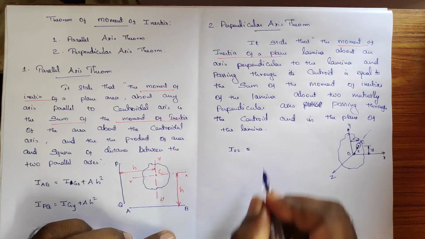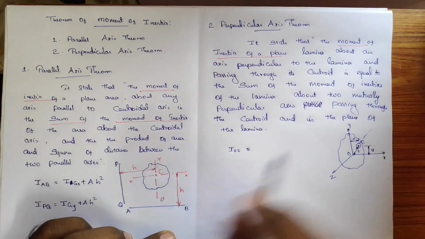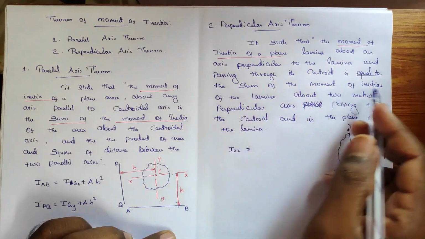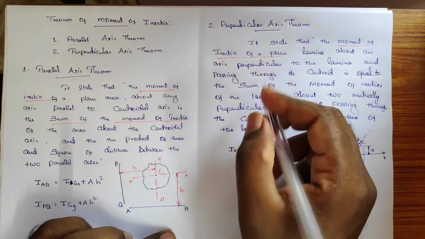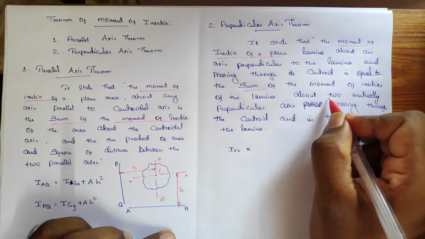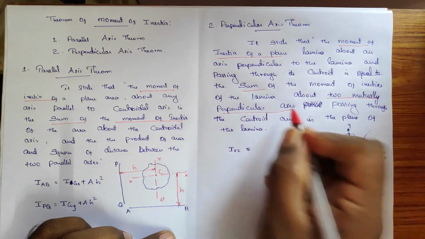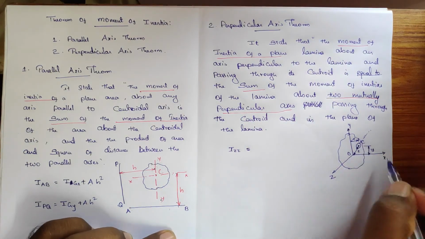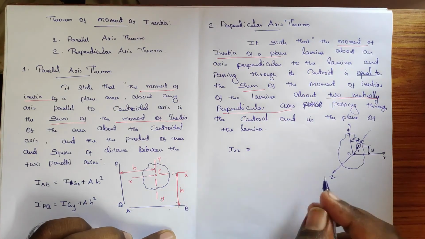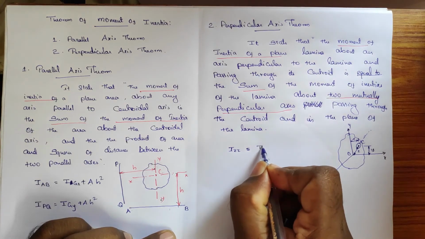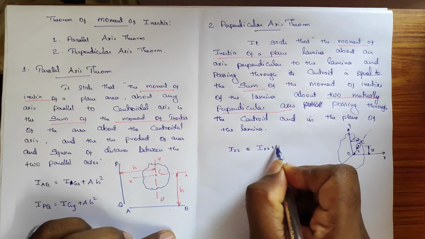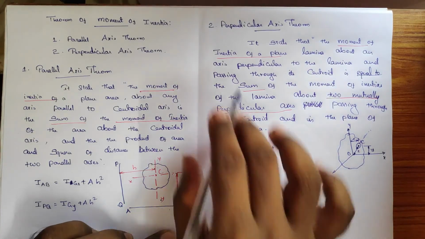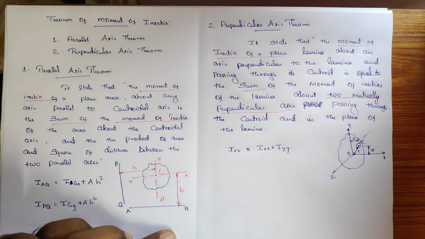That is equal to the sum of moments of inertia of the lamina about two mutually perpendicular axes. So here x and y are the two mutually perpendicular axes. So IZZ is equal to IXX plus IYY. This is the statement given in the perpendicular axis theorem.